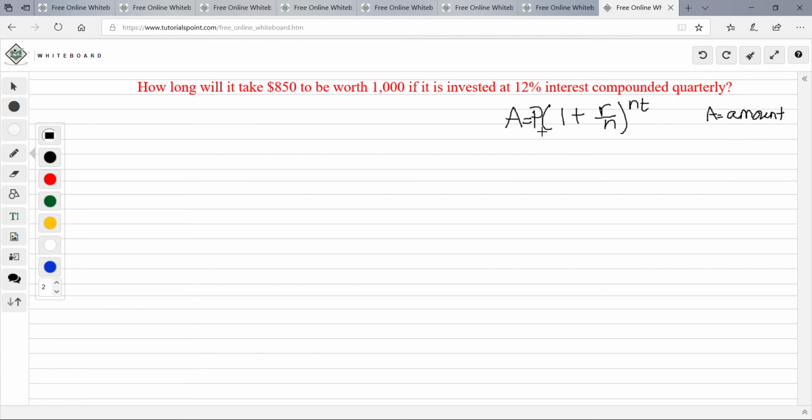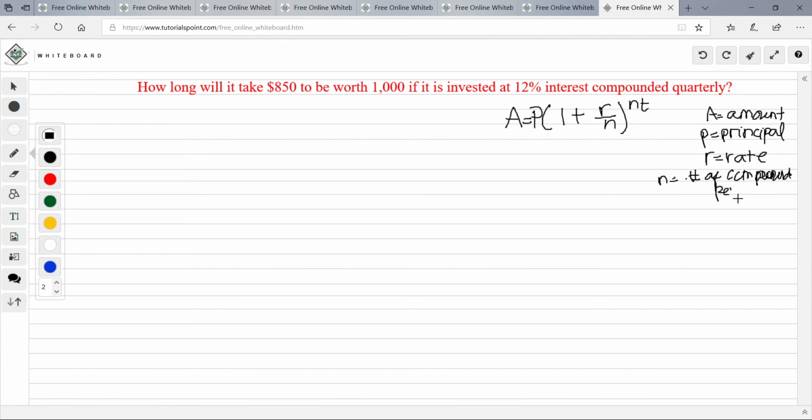So it's A equals P times 1 plus r over n raised to the n times t power. So A is amount, P is principal, r is rate, and n is number of compounds per year.